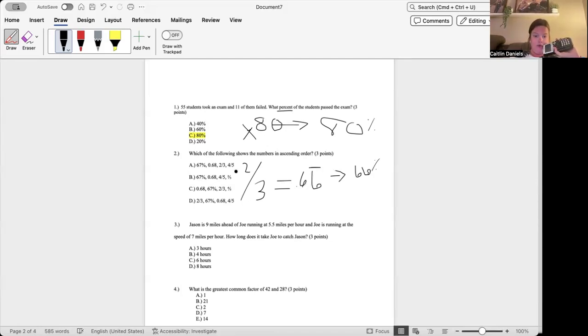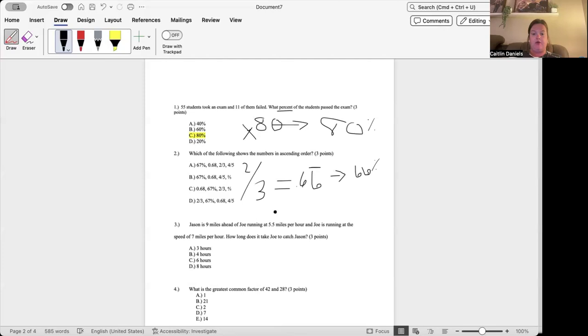So 4/5. So we already know that 66% is less than 68%. So A is not in ascending order. But since we are using the same fractions and decimals in every possible choice, we can go ahead and do 4/5. That way we don't have to just keep doing it. So 66% is the 2/3.